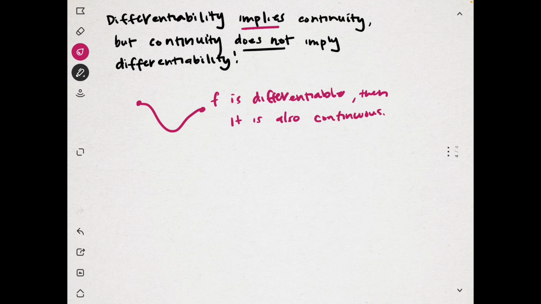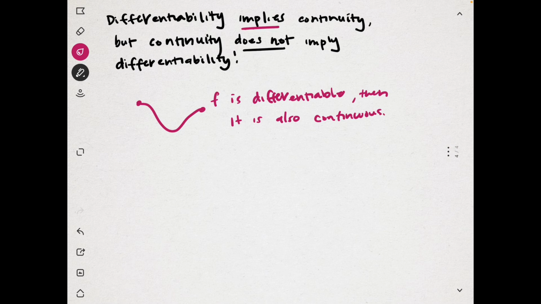So if we have differentiability over the whole function, then we know that it's continuous over the whole function, right? Because if it's discontinuous, if there's some kind of jump or weird thing, then at that point we're not going to be able to find the derivative of it.